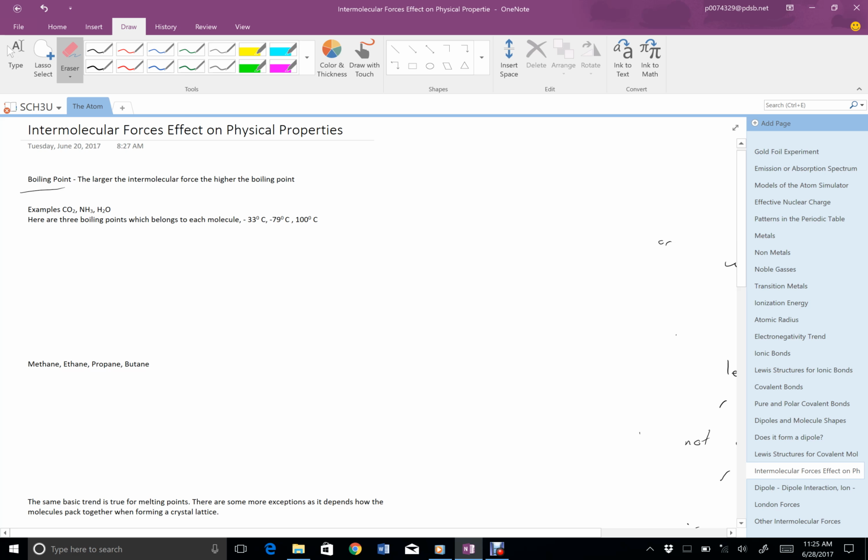Okay, the other type of material that we haven't really talked too much about here, but we're going to talk about here, are organic compounds. So compounds that are carbon and hydrogen based, and that won't have any dipoles because the electronegativity difference between carbon and hydrogen isn't enough to make polar bonds.